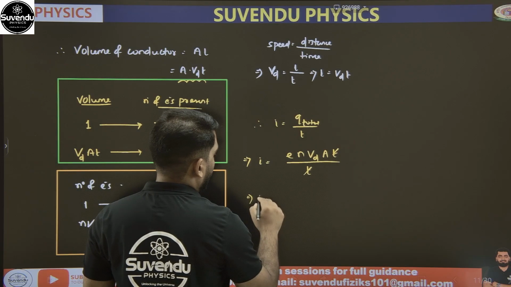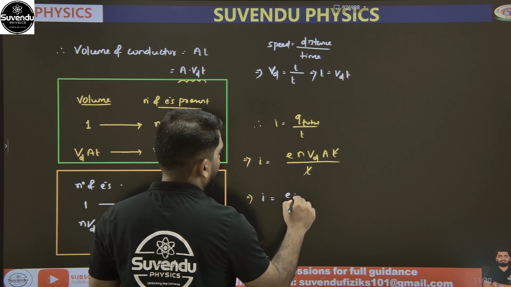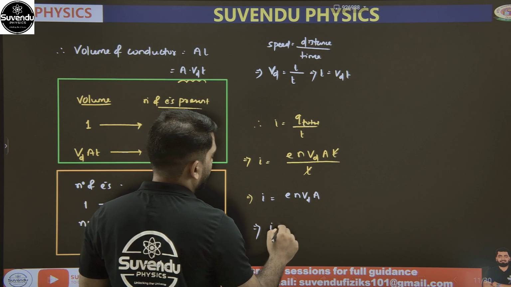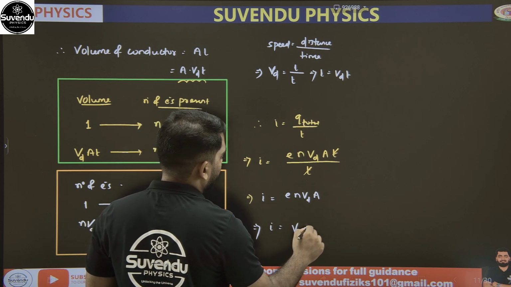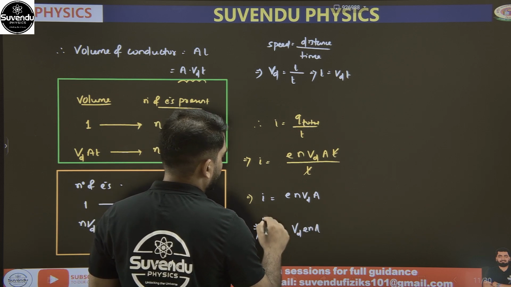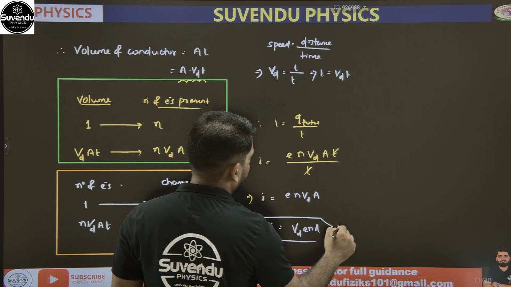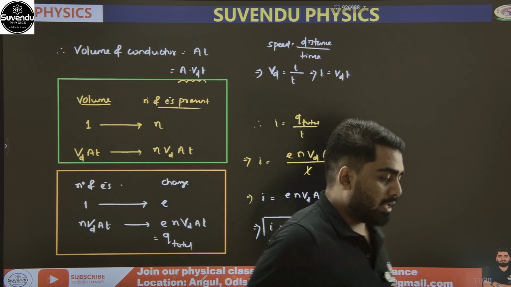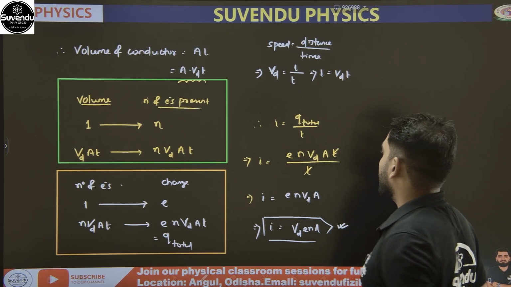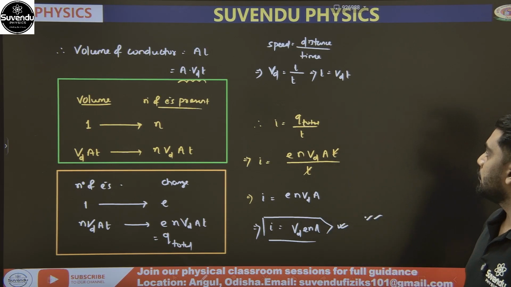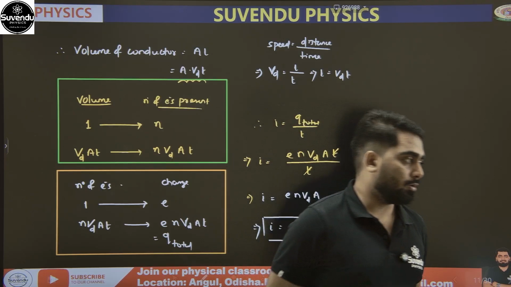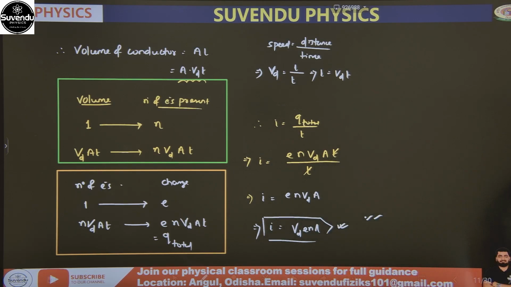You will get I is equal to e n Vd A. So shortly you can remember it as I equal to Vd e n A. You remember this formula, I is equal to n e A Vd. This will help in our upcoming numericals. So this is the relation between current and drift velocity. I think this part is fully clear to all of you.